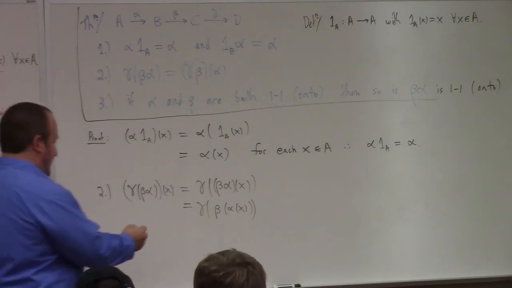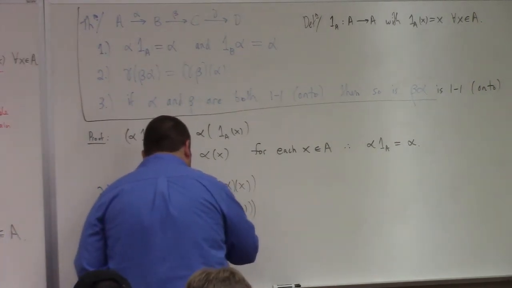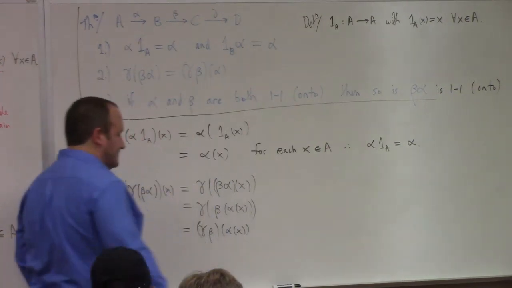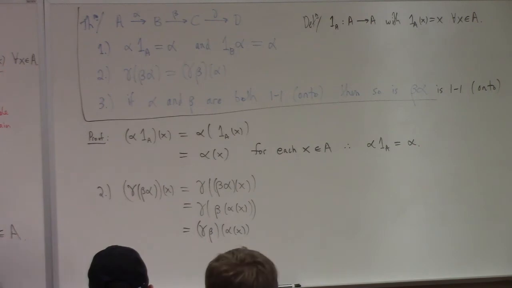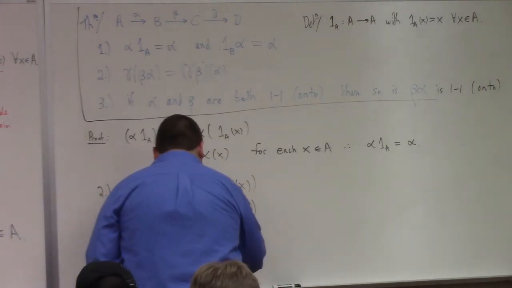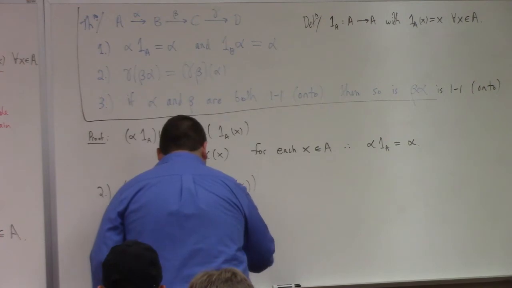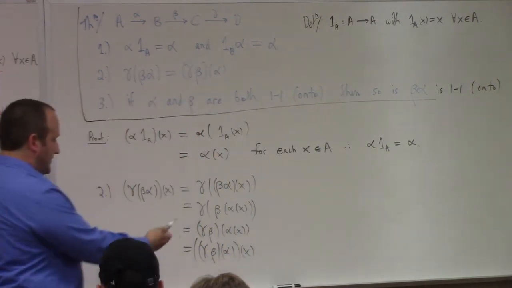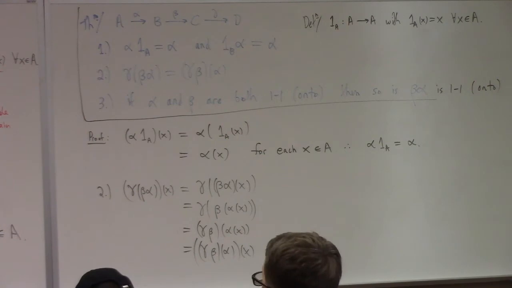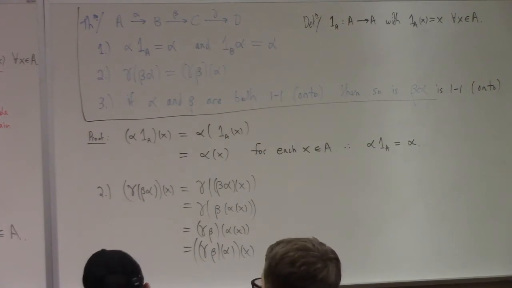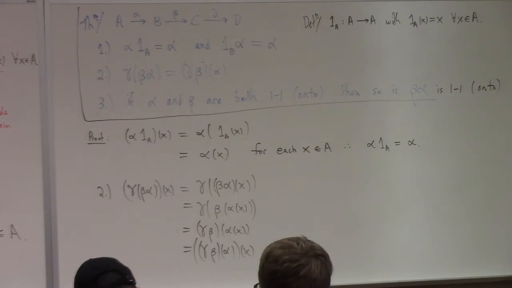But this, by definition of function composition, is gamma beta of alpha of x, which again, by definition of function composition, is gamma beta of alpha of x. But x is arbitrary, so that gives us 2. I think this would be considerably more difficult to prove if you tried to do it at the level of this notation.